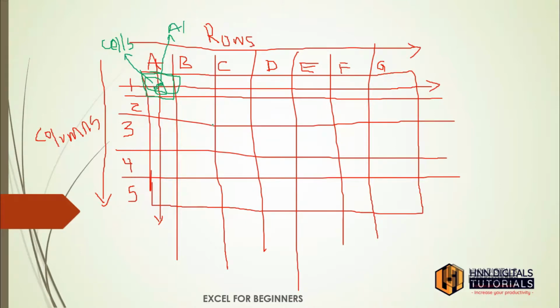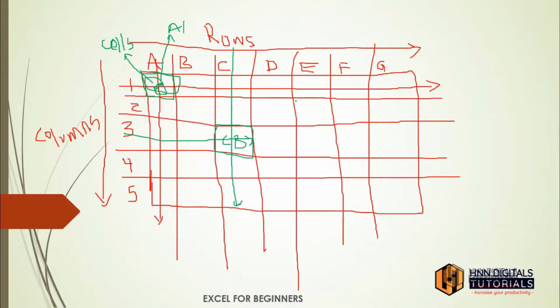Now, if you pick somewhere around there, the address for this particular point is C3. That is the horizontal first. Are you getting it now? Column C, then row 3.